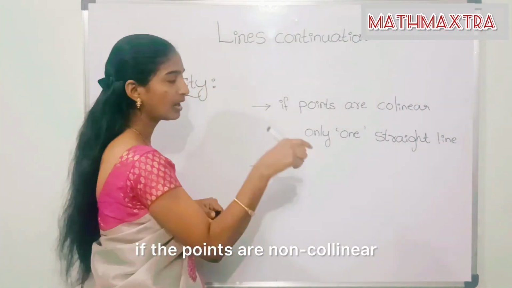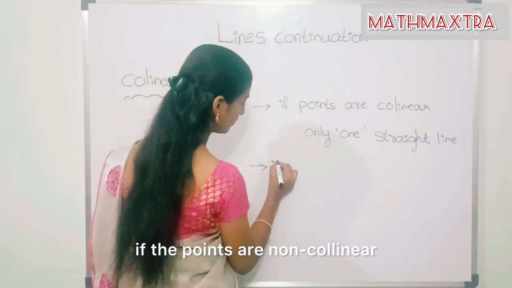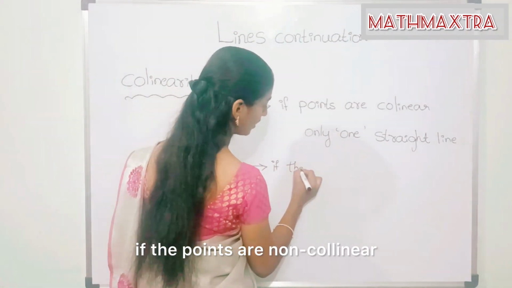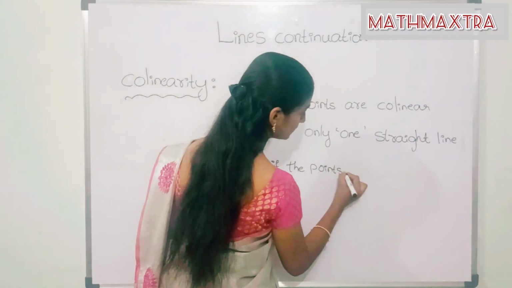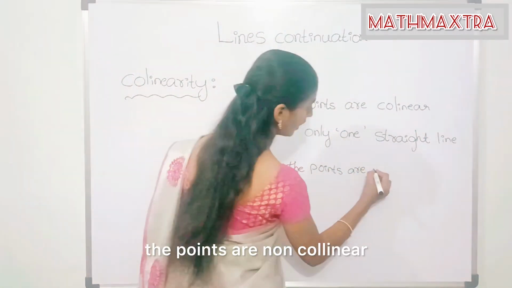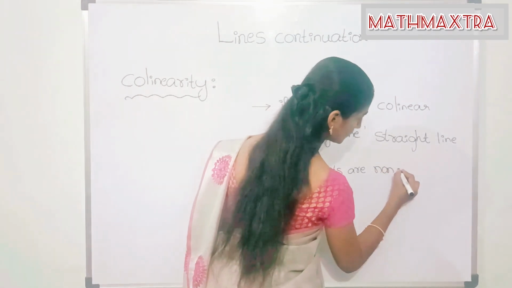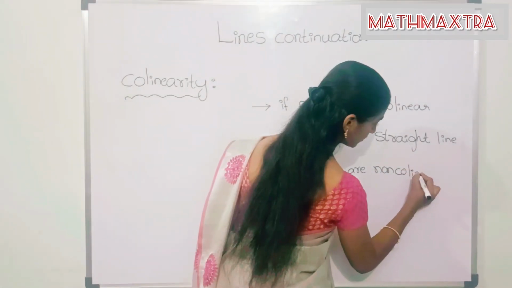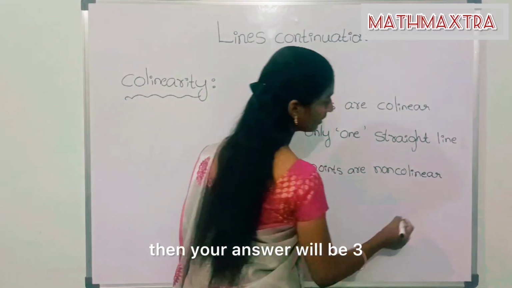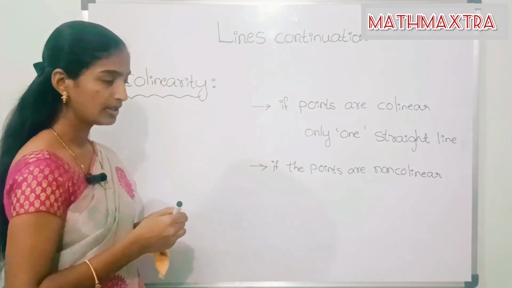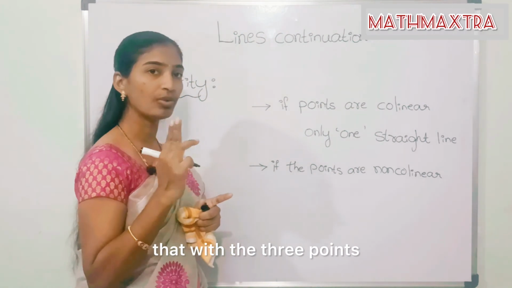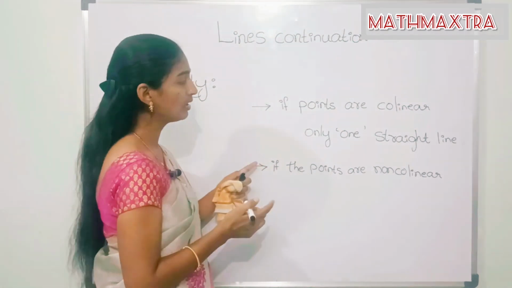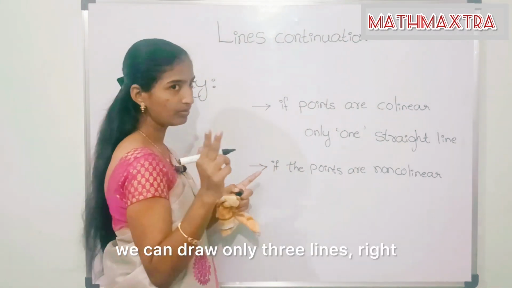If the points are non-collinear, then your answer will be 3, because I asked the question that with the 3 points we can draw only 3 lines, right?